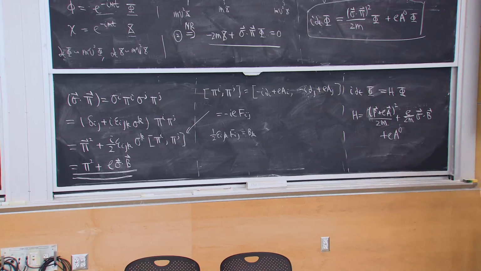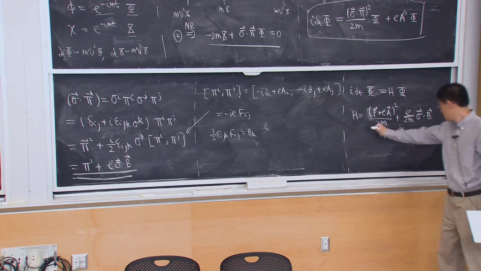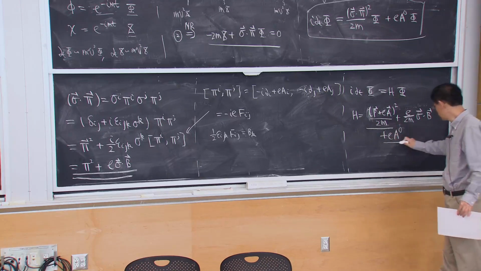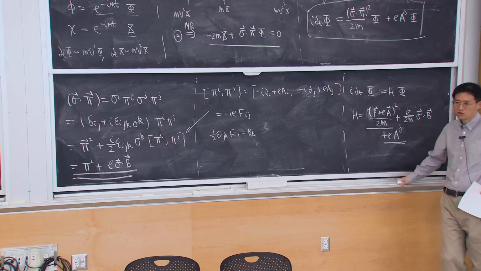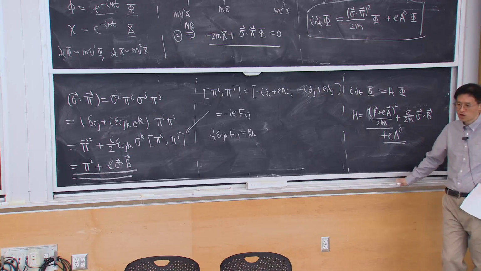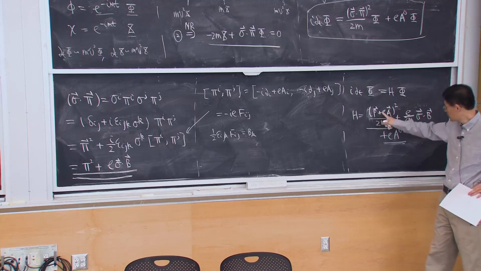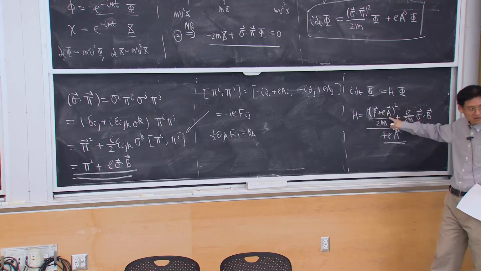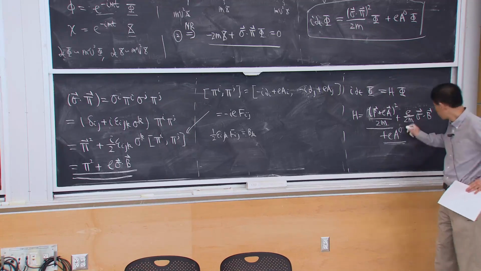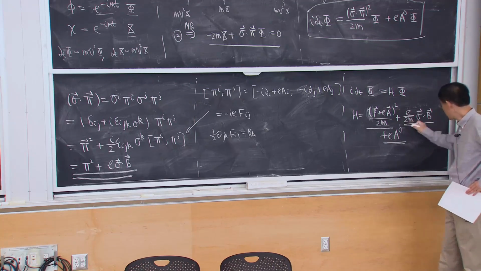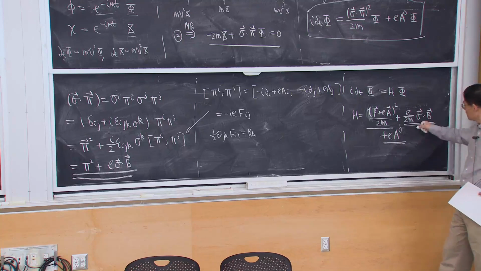Now you recognize this part of the Hamiltonian is precisely what you get when you couple the Schrodinger equation to an electromagnetic field. You just replace p by p plus eA for the vector potential, and here you get A0. But now you get an additional term, which is called the Pauli term. When a particle has spin and a magnetic moment, then you have an additional term.